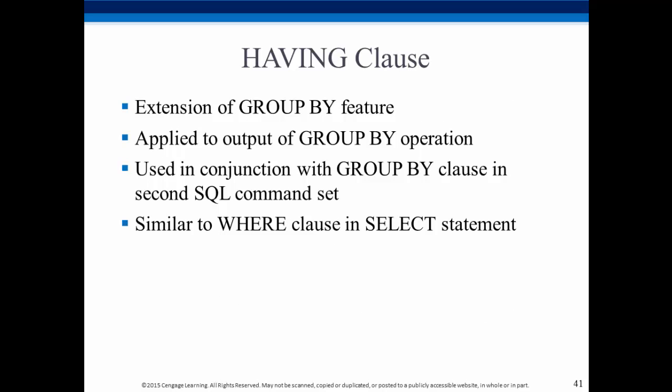The having clause, a useful expression of the group by feature, is having. The having clause operates very much like where in the select statement. However, the where clause applies to columns and expressions for individual rows, while the having clause is applied to the output of a group by operation.